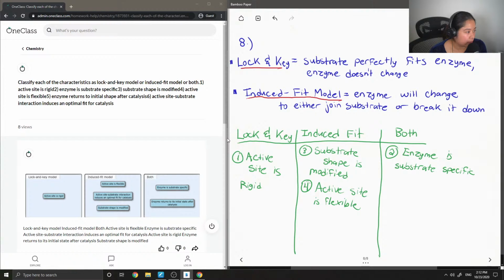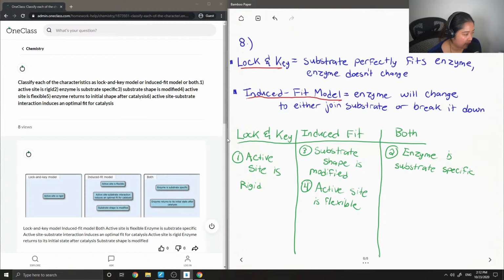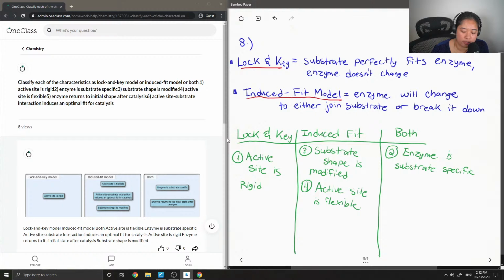Five, enzyme returns to initial shape after catalysis. So this is actually a characteristic of both of them. Since even for lock and key, since it doesn't change anyways, it is its initial shape.